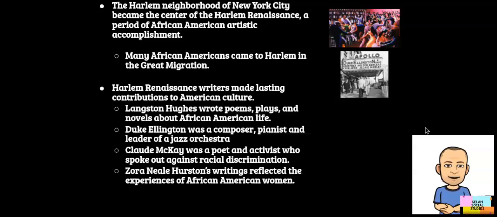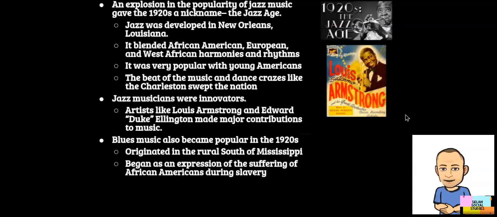Music was another form of artistic expression that African Americans contributed to American history. During the 1920s, jazz and blues music became popular nationwide. And since jazz exploded so quickly and was so popular in the 1920s, it was also nicknamed the Jazz Age. Developed in New Orleans and blending African American, European, and West African harmonies and rhythms, jazz gave young Americans something to dance to, and it was hugely popular.